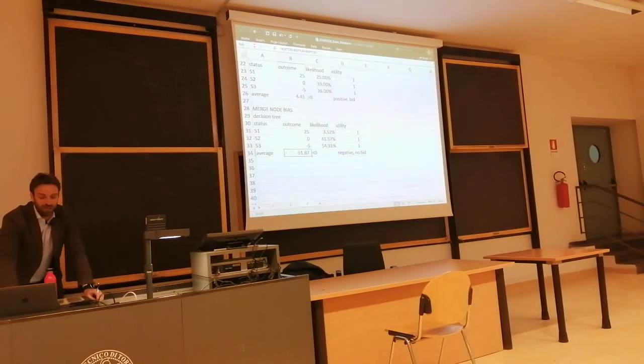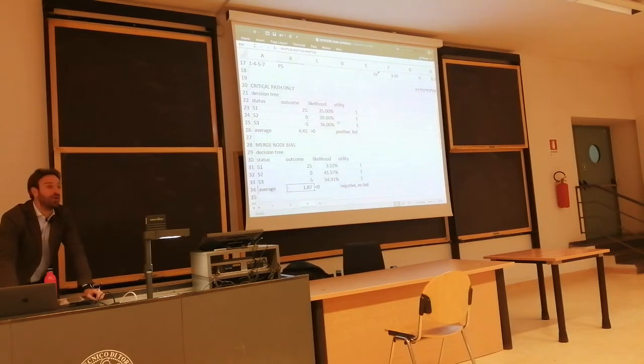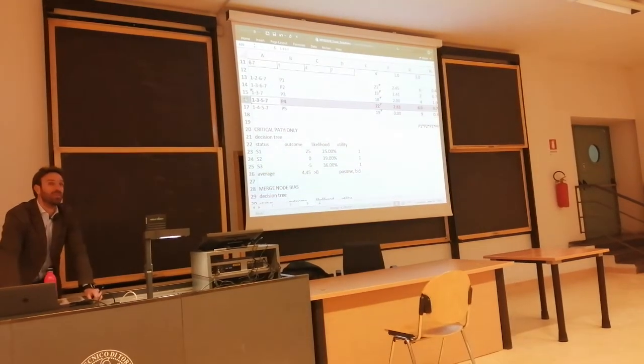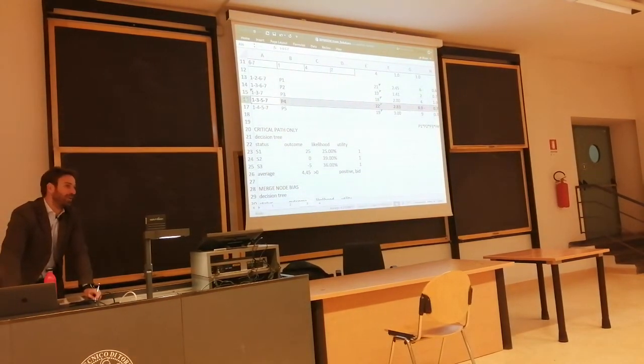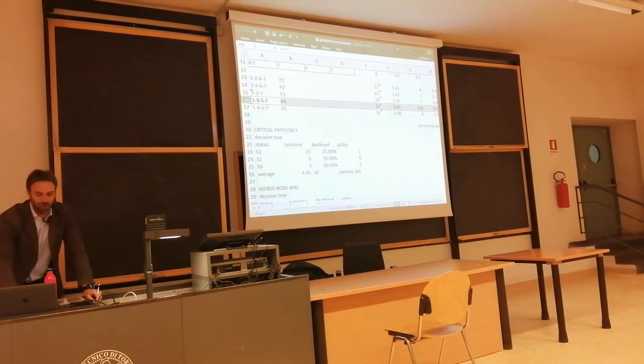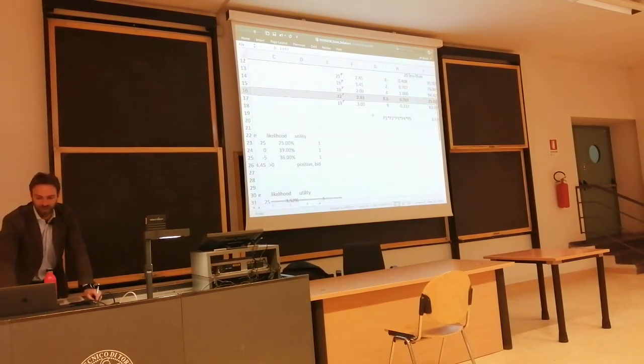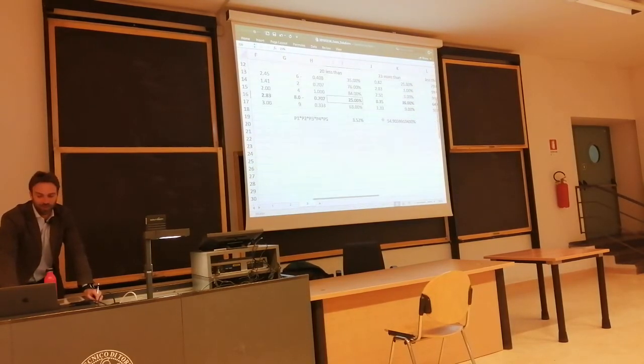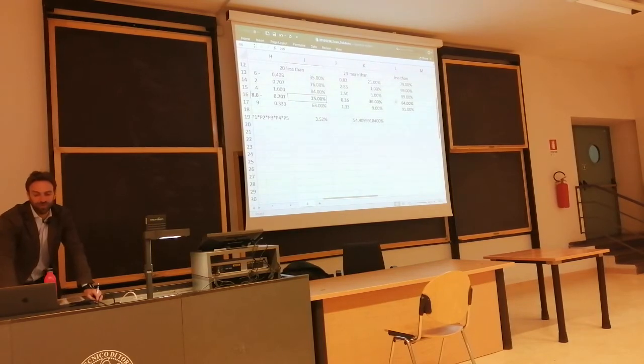Now, just to let you know, if you did not consider the merge node bias, but only considered the critical path, the solution would have been different. Solution would have provided 25% chances to finish before 20, 64% chances to finish, 36% chances to finish after 23.